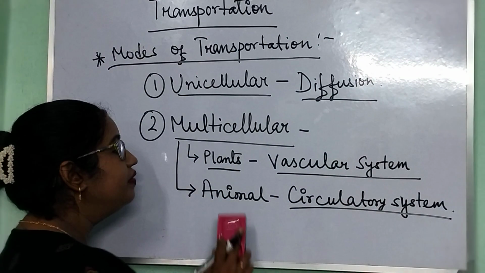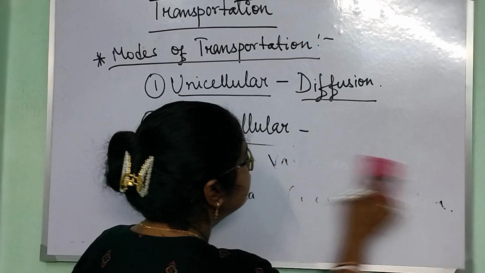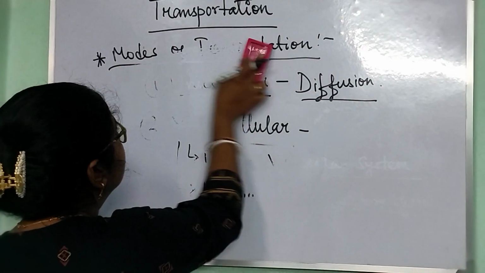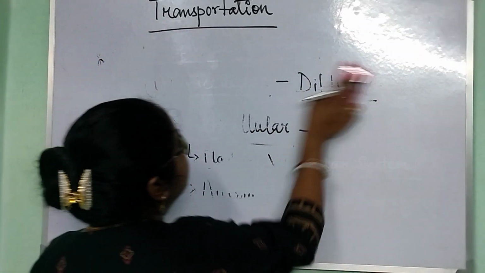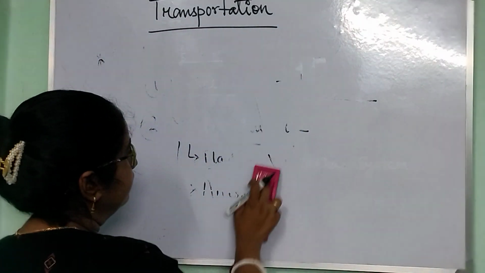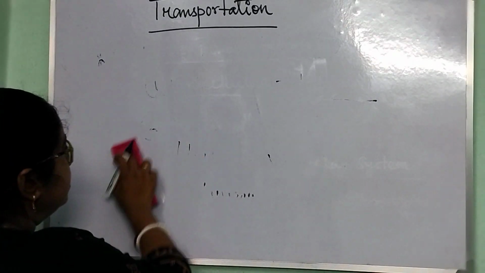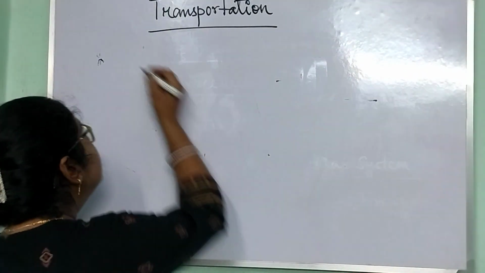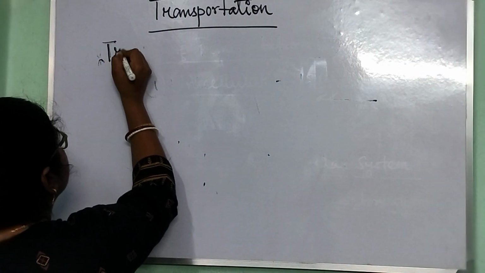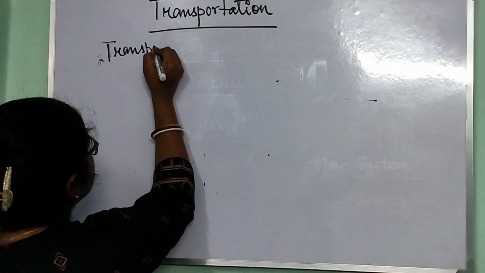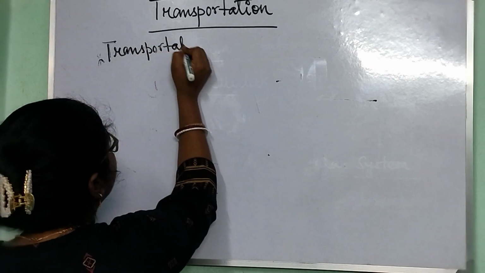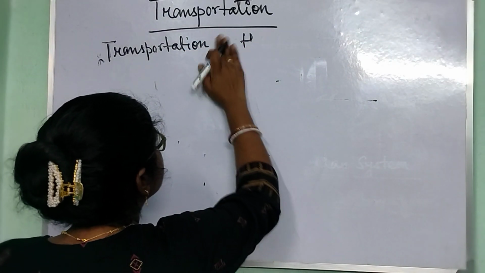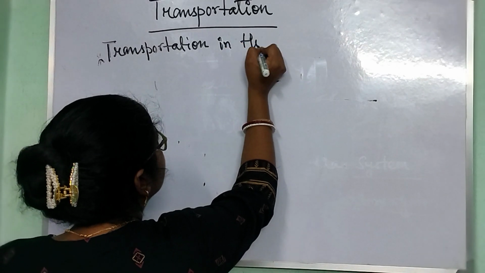Next, we discuss the transportation medium in humans. So the next topic is transportation in humans. Humans also need to transport the essential elements from outside of their body to inside.